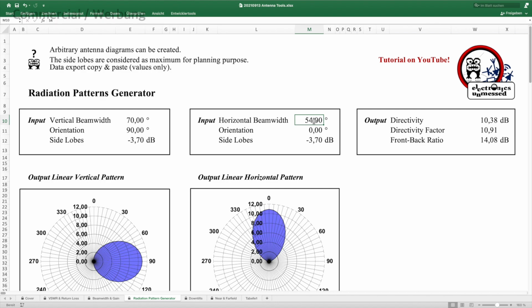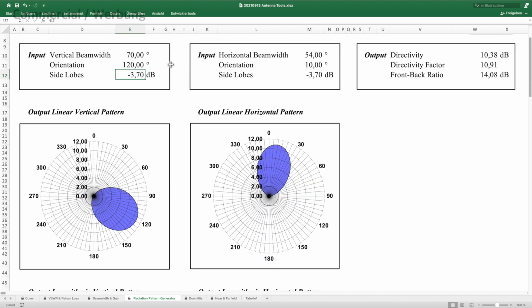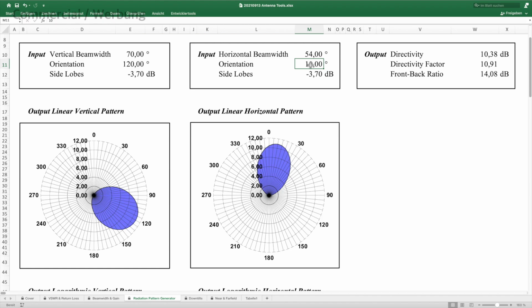We can choose any other orientation between 0 and 360 degrees. We have 90 degrees vertical orientation. Let's change that to 120 degrees. And the horizontal orientation we change from 0 to 150 degrees.